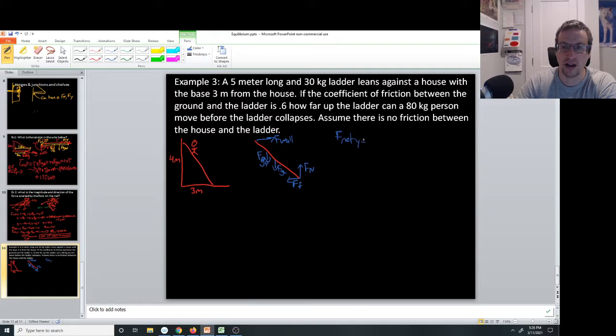F net Y equals FG person. Actually, those are both negative. Let's start from over here. Fn minus FG person minus FG ladder.